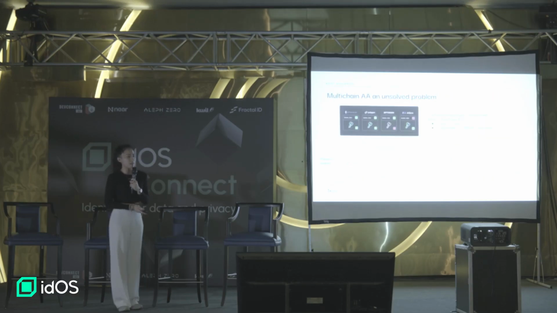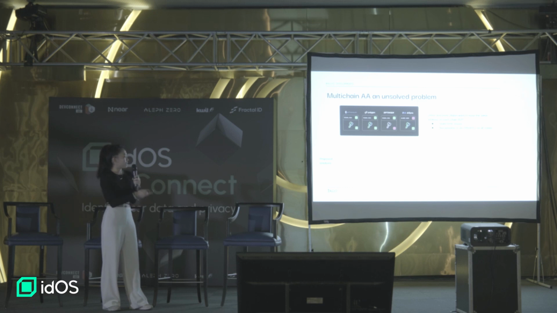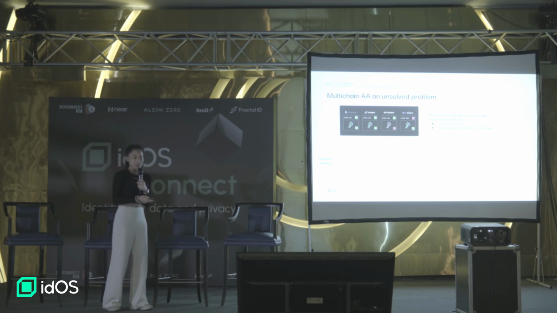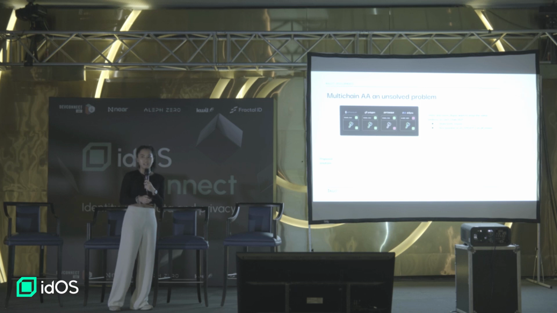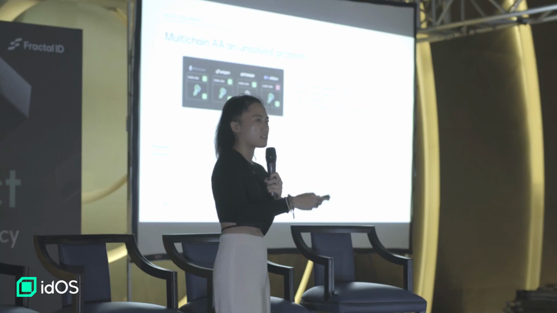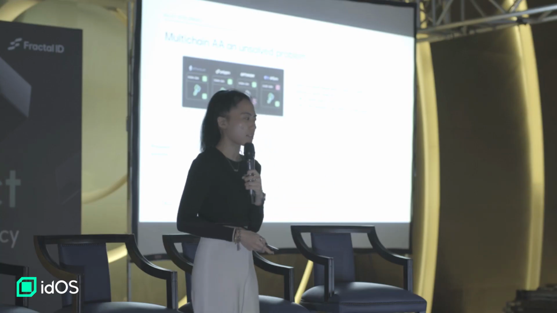This is what Martin touched on in his presentation, right? Multi-chain account abstraction is still an unsolved problem. With account abstraction, we're splitting the keys from the assets, and with EOAs, users expect to have the same address across different chains. But this is not possible 100% with smart accounts, and we also don't necessarily want this, because when you're rotating keys for one chain, that change doesn't automatically propagate to others, right?